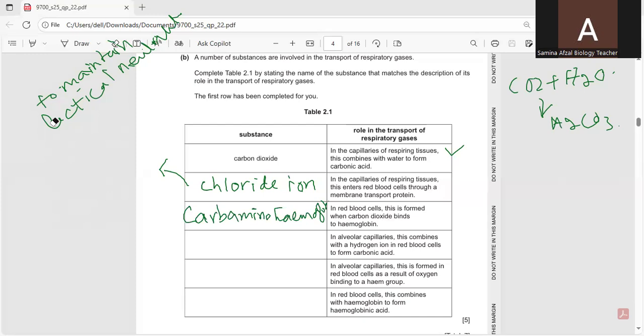Now the next: in the alveolar capillaries, this combines with the hydrogen ion in red blood cells to form carbonic acid. So in the alveolar capillaries, the bicarbonate ions are there which have formed. They will combine with the hydrogen ion in the red blood cells to form carbonic acid. So bicarbonate ions are required for this.